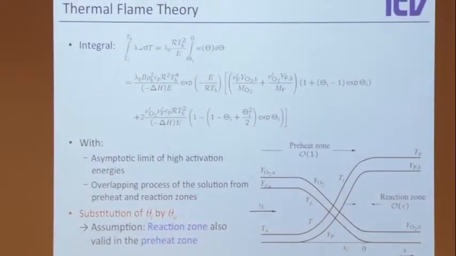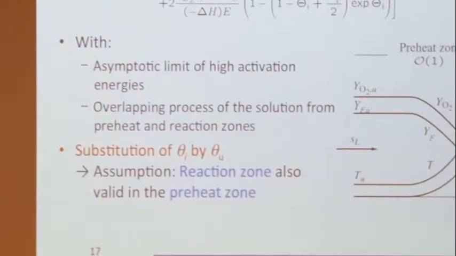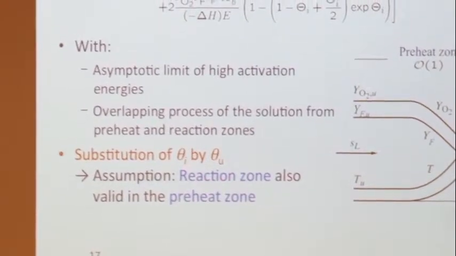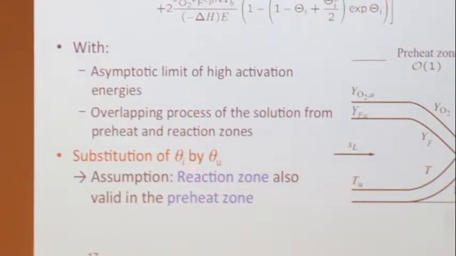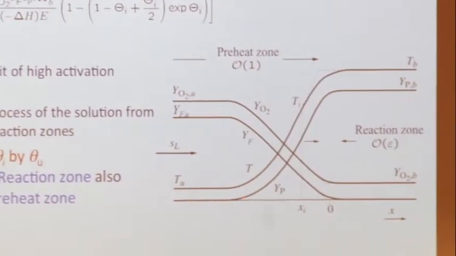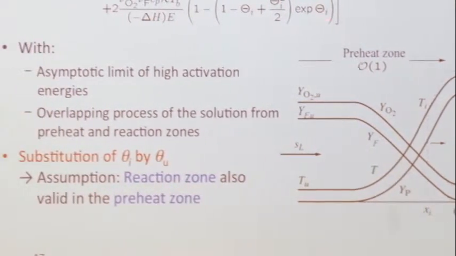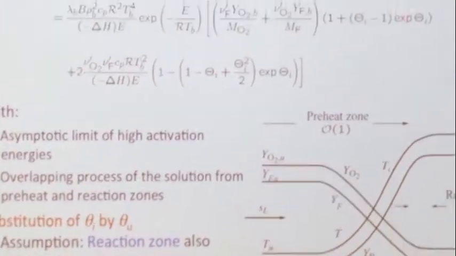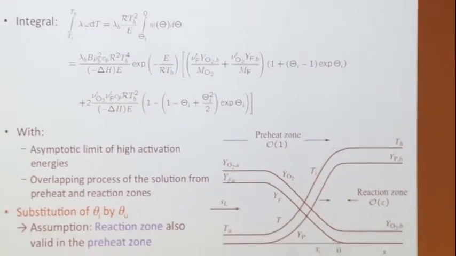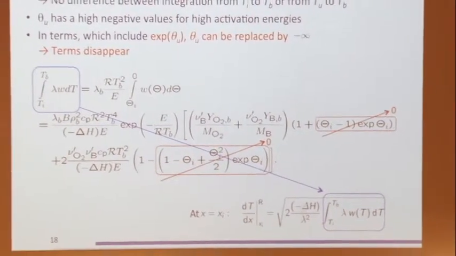So here we're making a few more assumptions. Again, we're talking about the limit of high activation energy. First of all, we replace theta_I by theta_U. Why can we replace theta_I by theta_U? Because theta_I appears here in the exponential, and I think this is written here on the next slide.